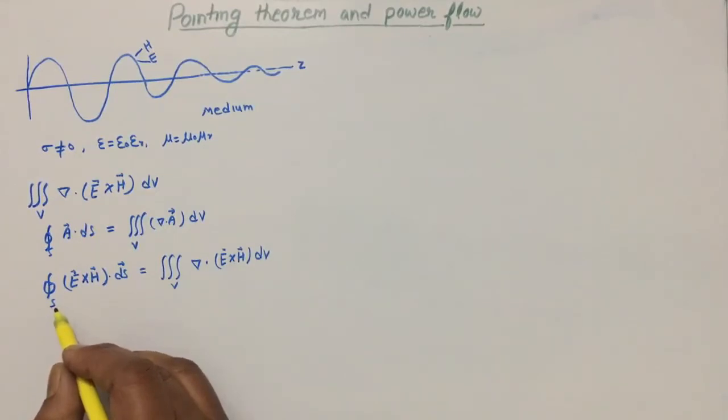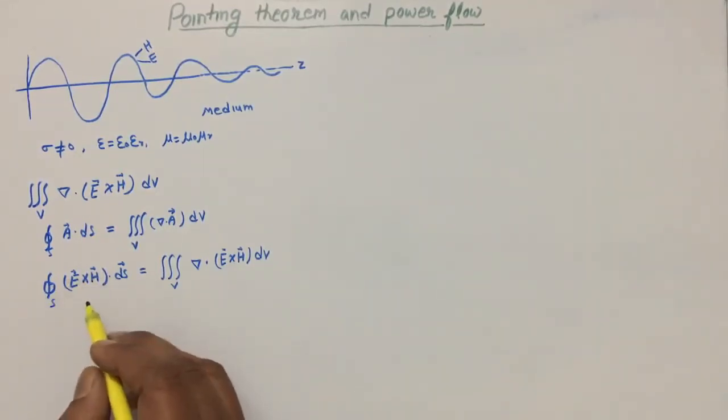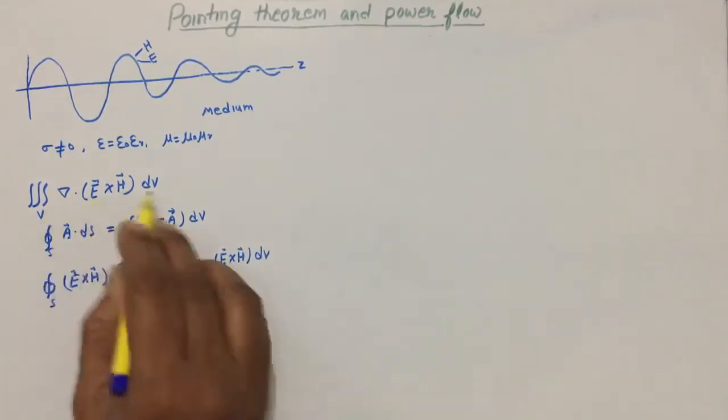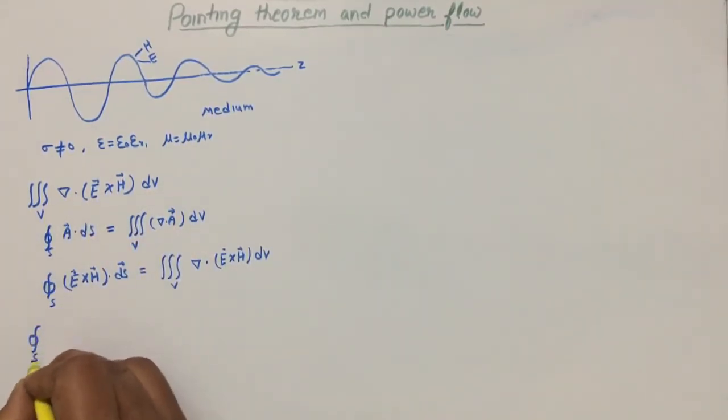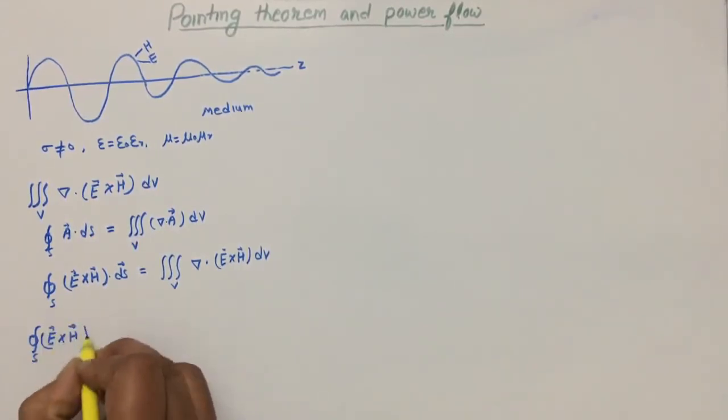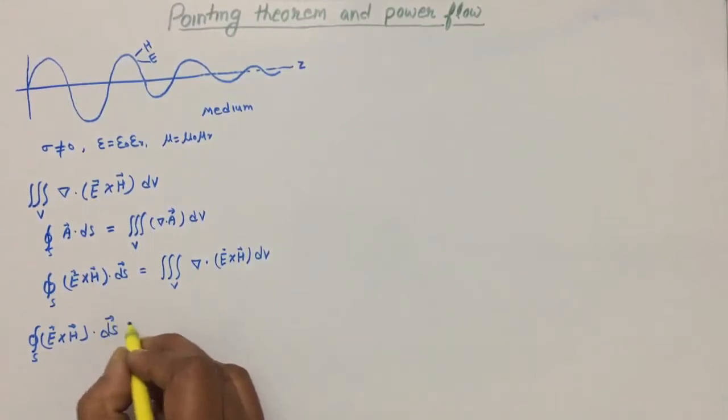So in surface integral form, it can be written like this. Now relate the previous findings. In place of this, we can write E cross H dot ds.